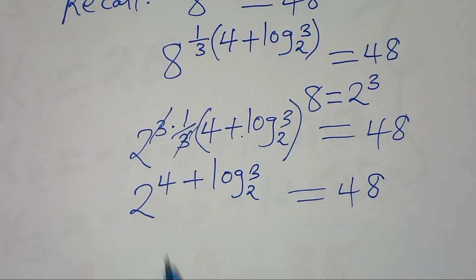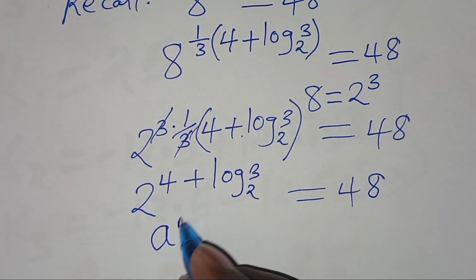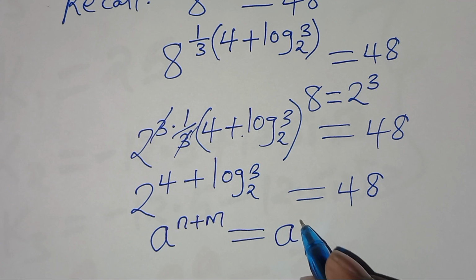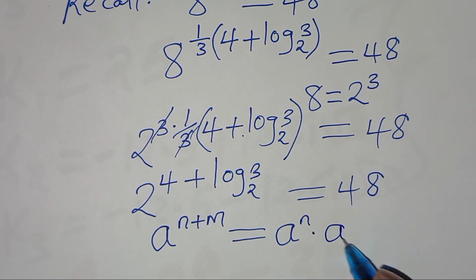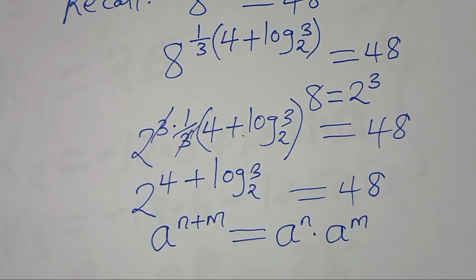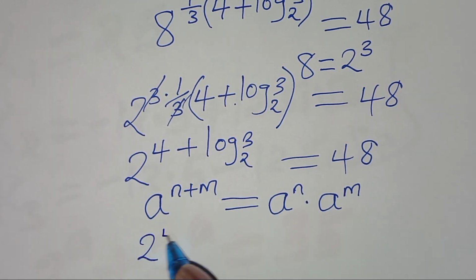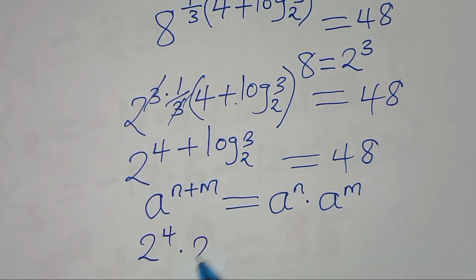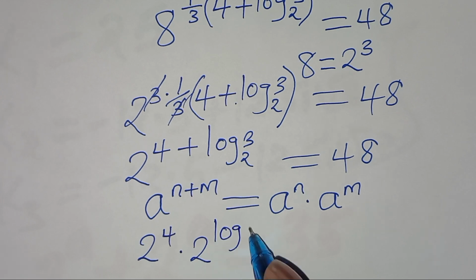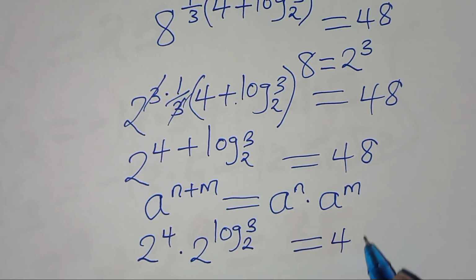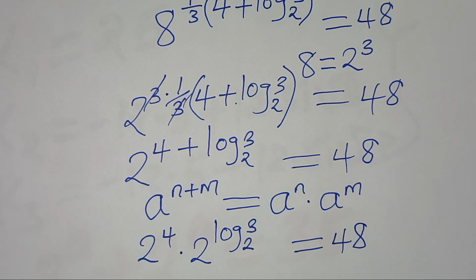The next step here, 2 to the power 4 plus log 3 to base 2 is in the form of a to the power n plus m, which you can express as a to the power n multiplied by a to the power m. So applying this exponent property, here we'll have 2 to the power 4 times 2 to the power log 3 to base 2, which should give us a value of 48.